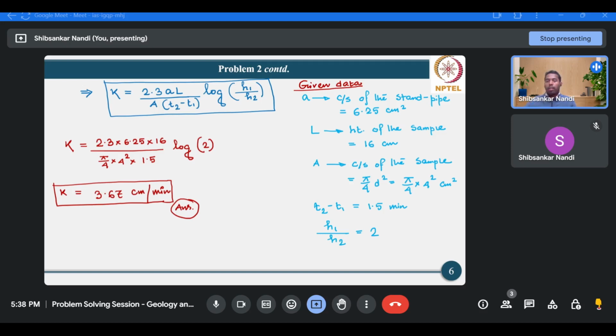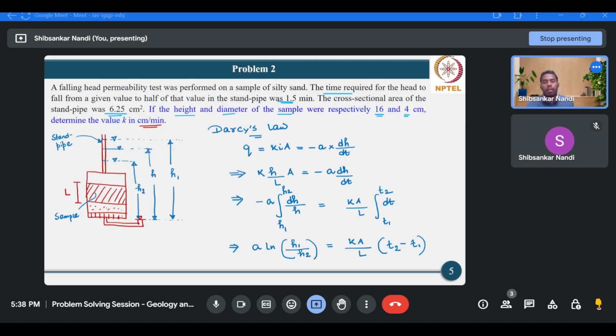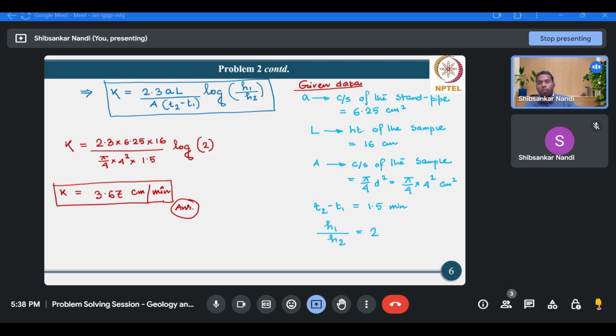For the examination purpose, you can recall the final expression which we have derived from the basic fundamentals, that is from Darcy's law. So if you can recall, it's fine. Otherwise, you have to derive this expression from the very beginning, considering Darcy's law and the principle behind this kind of test.